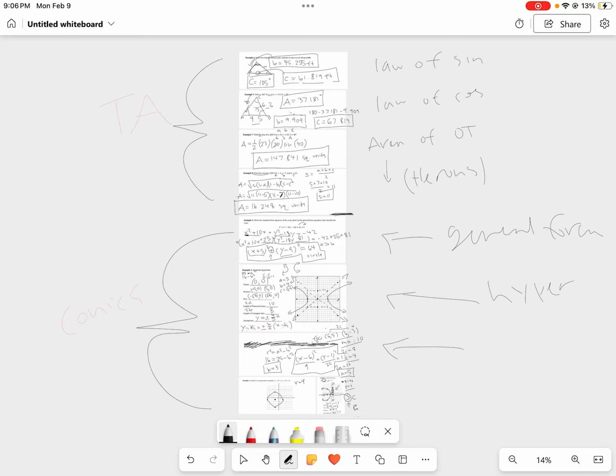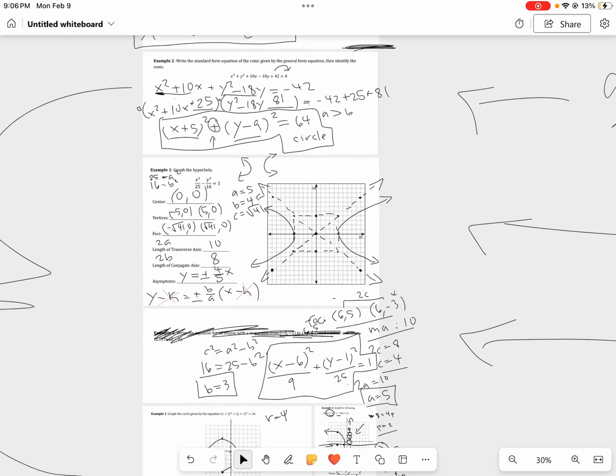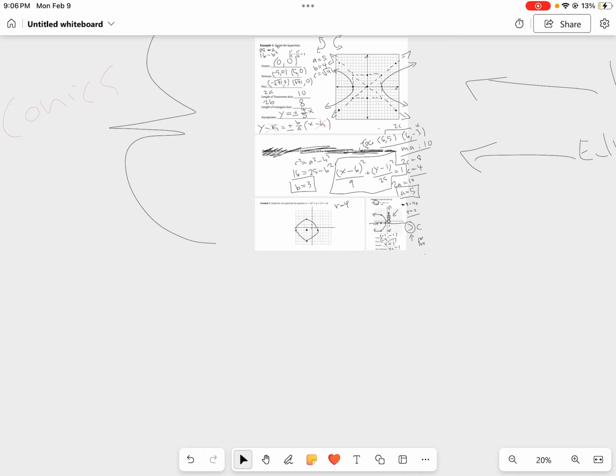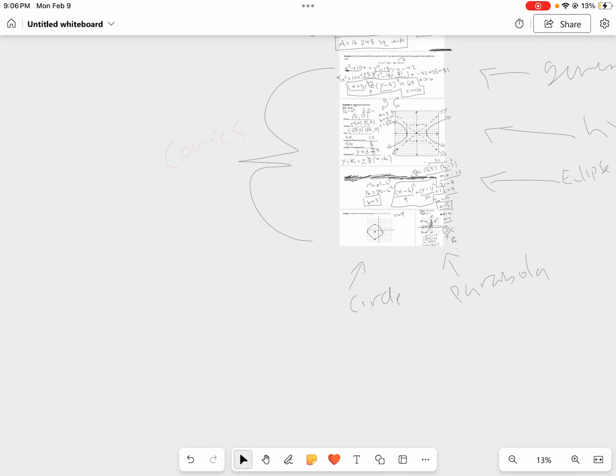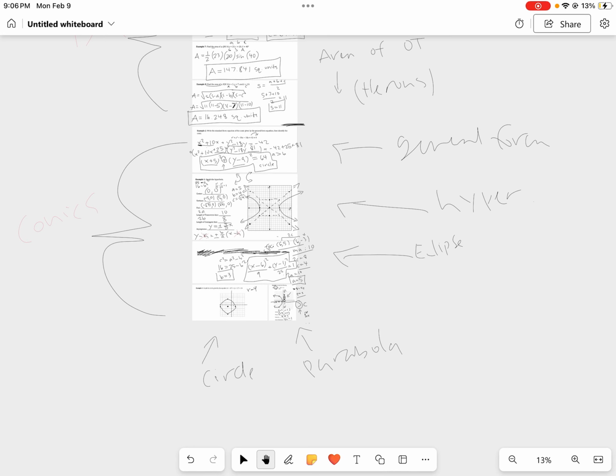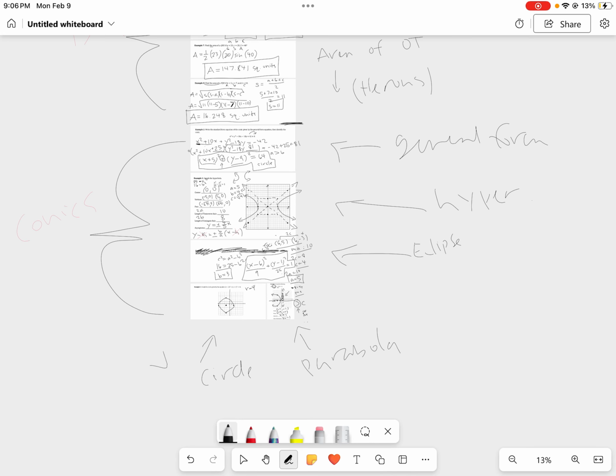This one right here, I think this is an ellipse one. Go down here, that is a circle, and that is a parabola. So if I check mark everything, yeah, we have all the conics: circle, parabola, ellipse, hyperbola.